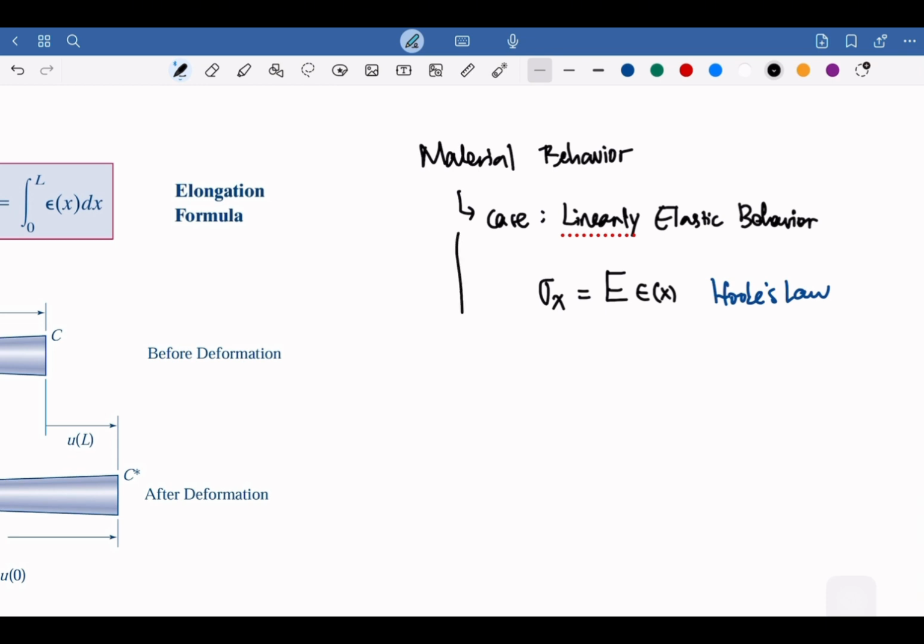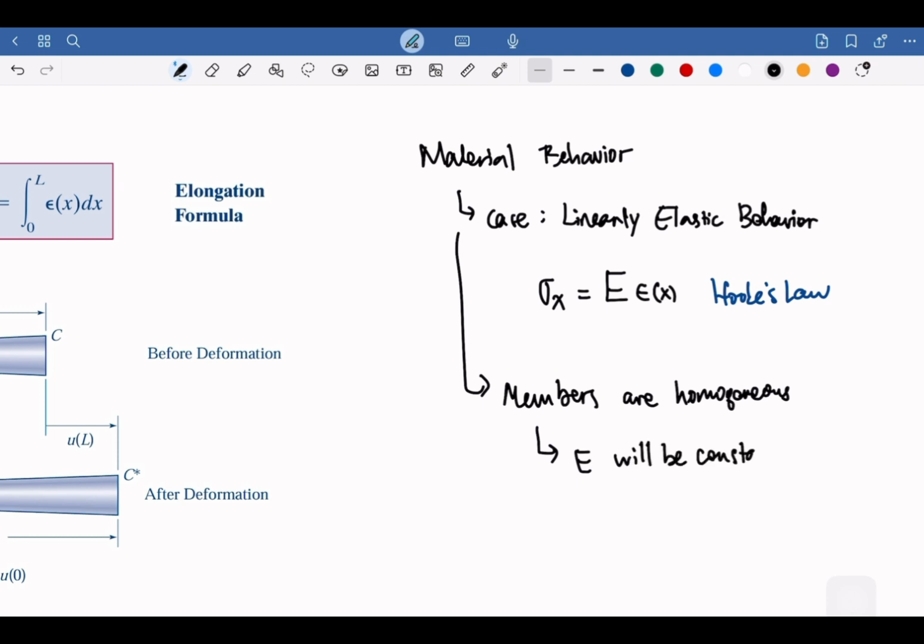Another behavior is that members are homogeneous. Homogeneous means E will be constant, so we have homogeneous uniform distributions.